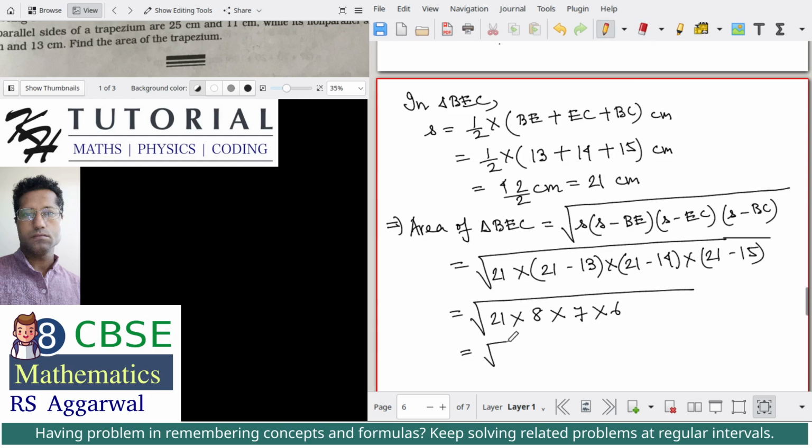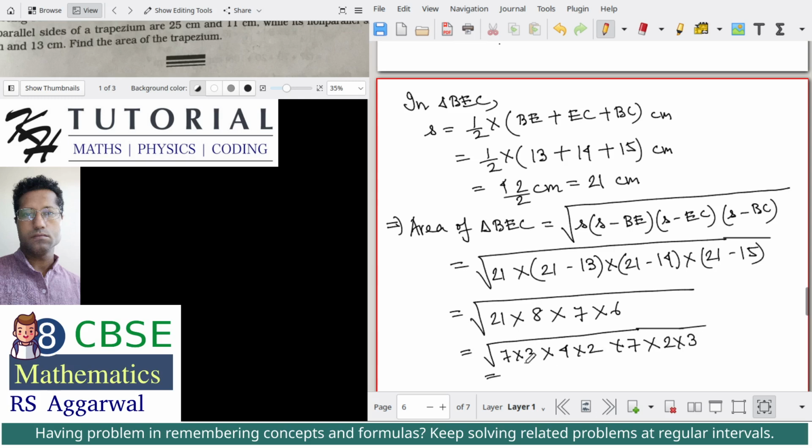Let's see if we can form a perfect square inside the square root. 21 is 7 into 3. We have 8, which is 4 into 2. And we have 7, and we have 6, which is 2 into 3.